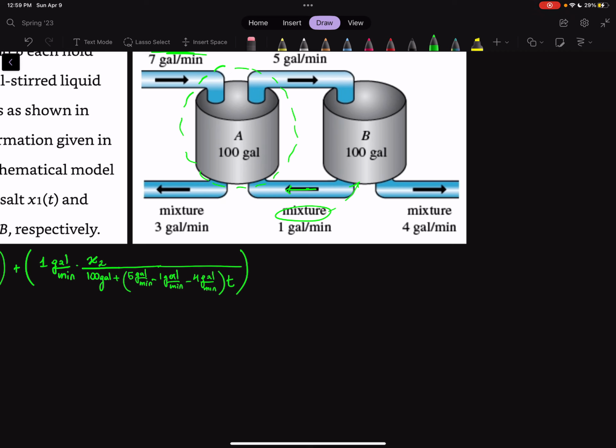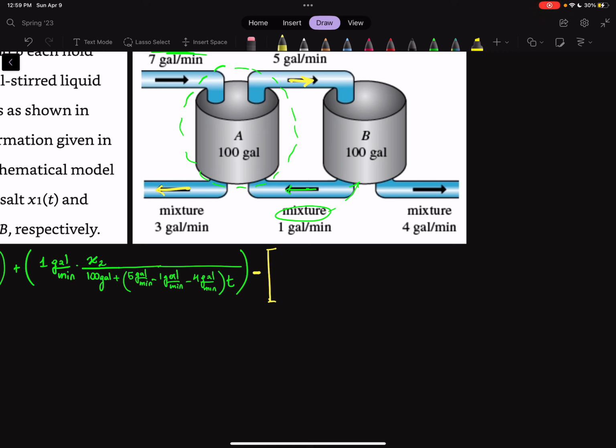Now let's look at the stuff that's going out of tank A. We'll do the stuff that's going out in yellow. We're going to put a minus and then a big parenthesis, a square parenthesis.